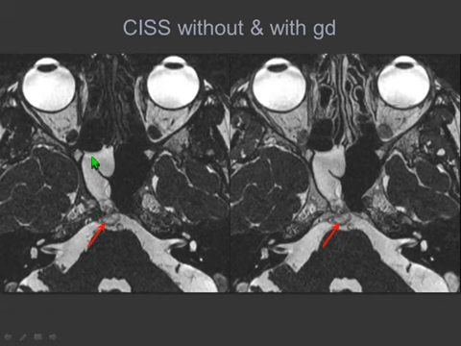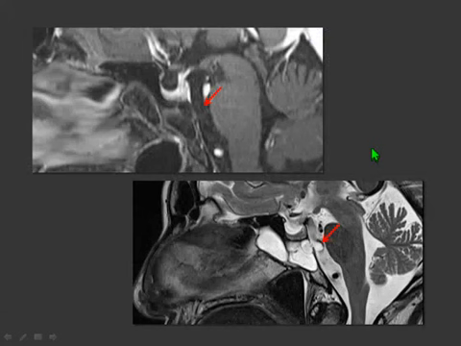And then you see the fluid content inside, but then you start seeing that where we had a defect, there is something like an hourglass lesion that is partially inside the sphenoid sinus and partially inside the posterior cranial fossa. As this is a volumetric acquisition, we can change the reconstruction.